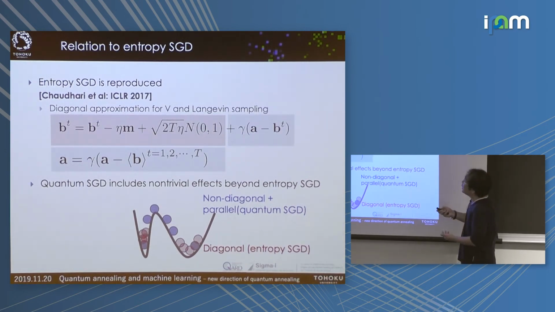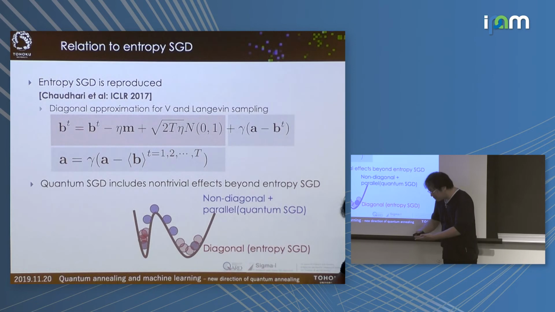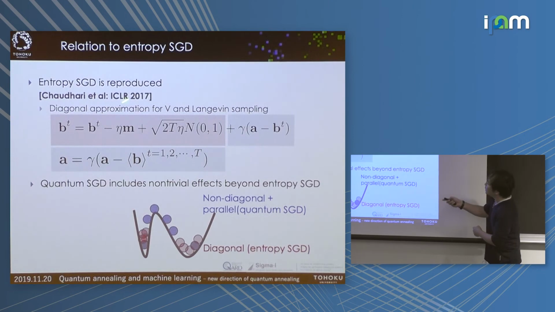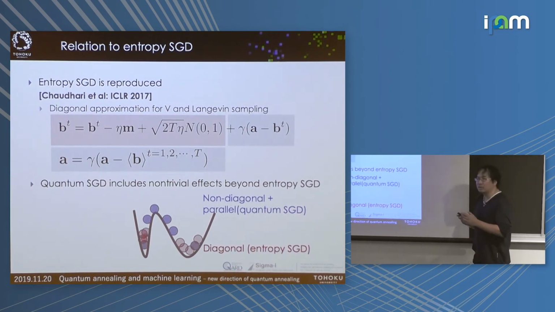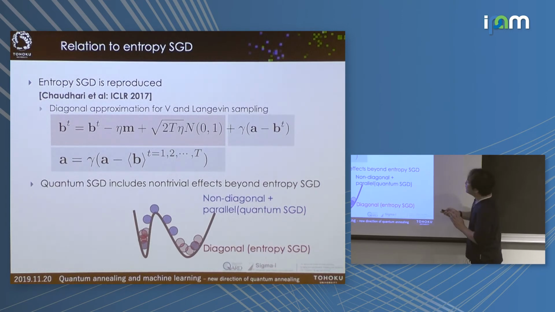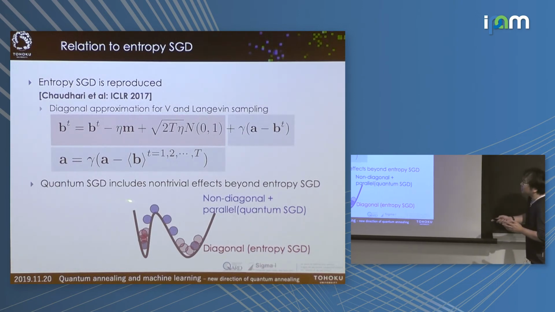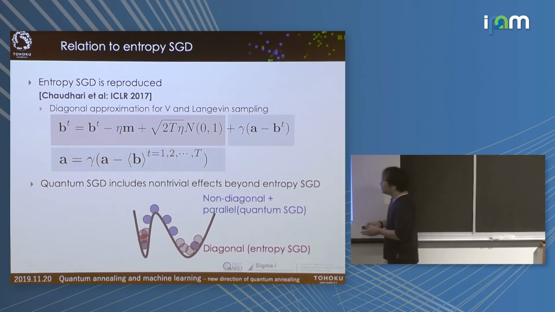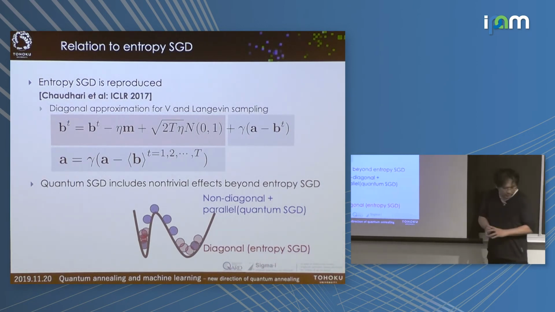As they reported, we can obtain local wide flat minima solutions from this method. The quantum Adam or quantum stochastic gradient descent includes this effect and non-trivial effects beyond entropy stochastic gradient descent. Without any approximations, of course, the computational cost is very heavy, but it includes non-trivial effects.